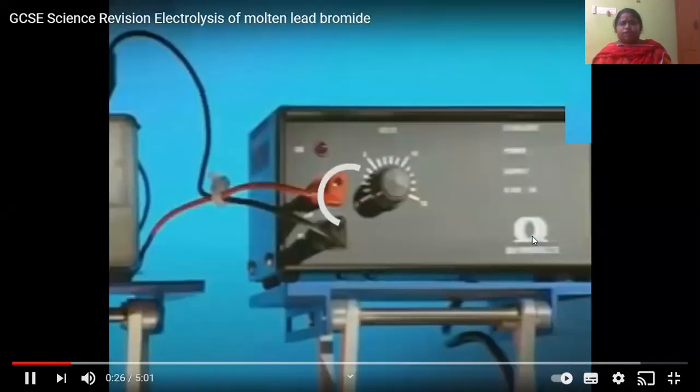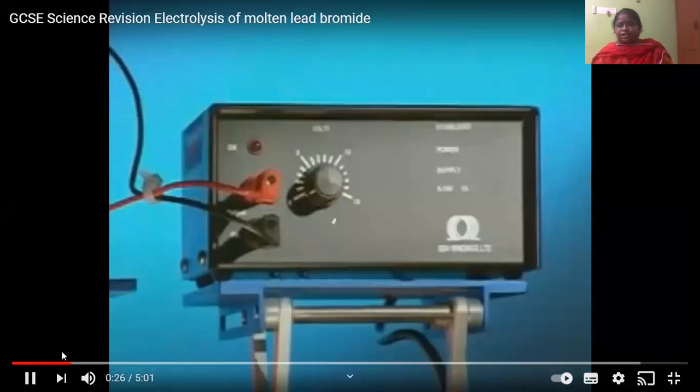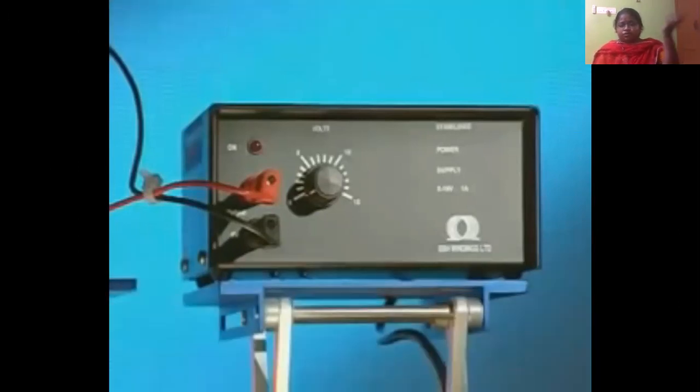The battery passes the current, but when the current flows, there is no deflection in the ammeter.